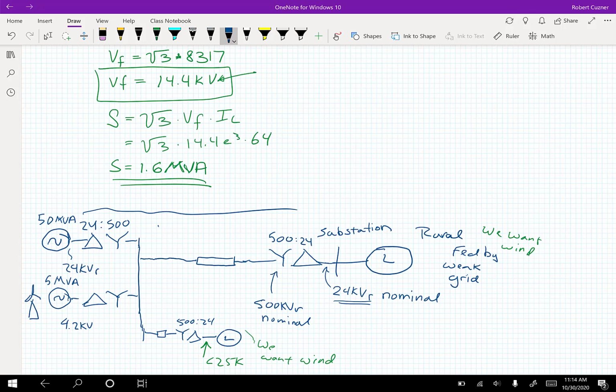We're going to say this isn't a big city. I think these are probably low power ratings. In fact, I'm going to go backwards. I'm going to say 550 instead. I'm going to multiply everything by 10. 500 MVA and 50.